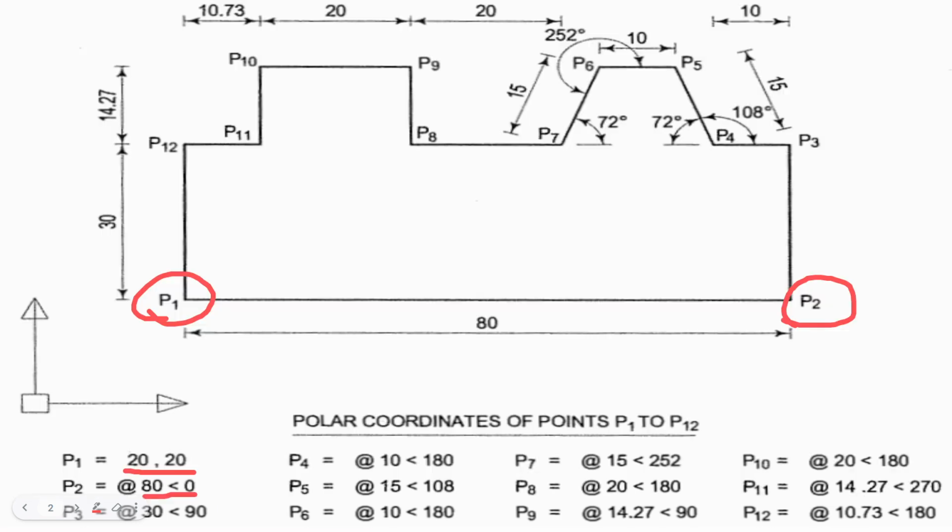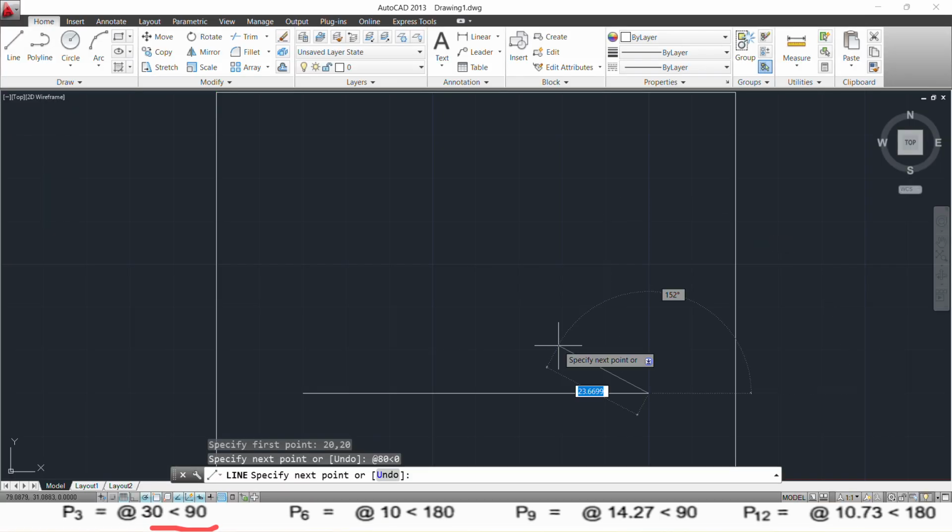It is asking for the next point, which is nothing but P3. P3 has @30<90, at the rate 30 less than 90 degrees. I will be mentioning the other point at the rate 30 less than 90 degrees.